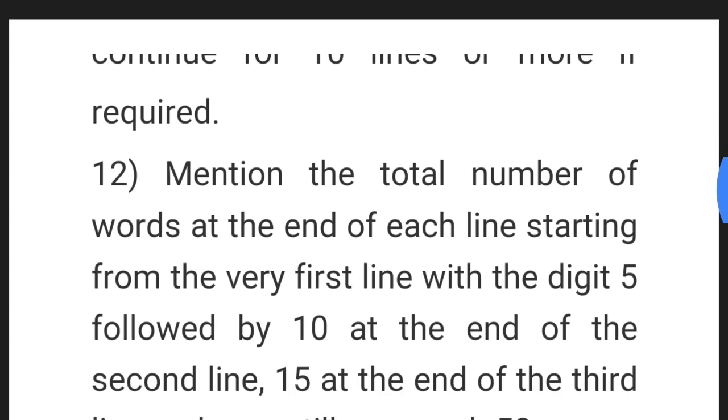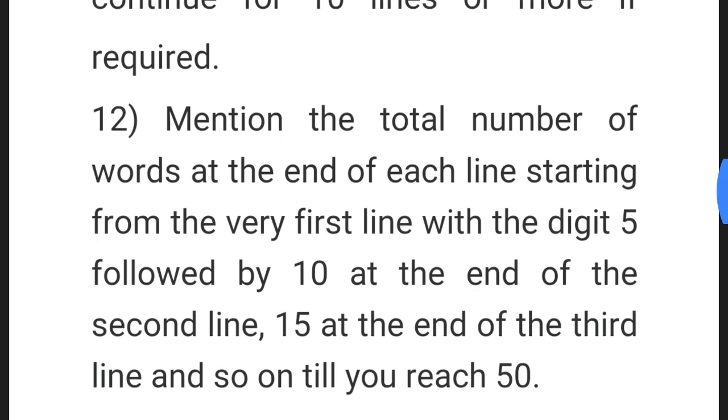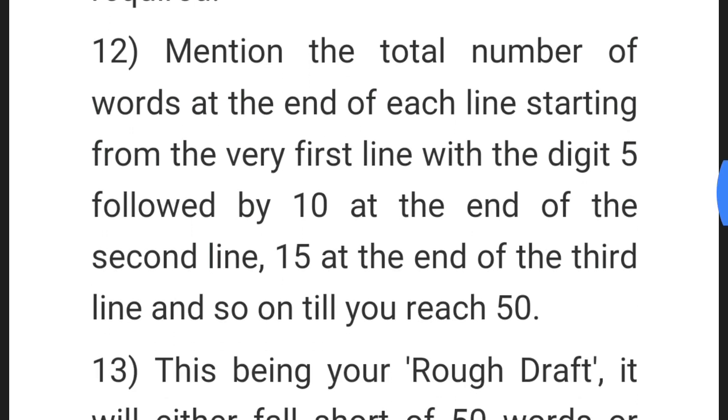Now, mention while you are writing these 5 words in each line, you have written all these 5 plus 5 plus 5 in this way up to 50 or 55 or 60 words maybe. So mention the total number of words at the end of each line, starting from the very first line with the digit 5 followed by 10 at the end of the second line. See, first line you have written 5 words, so at the end of the first line write 5, digit 5.